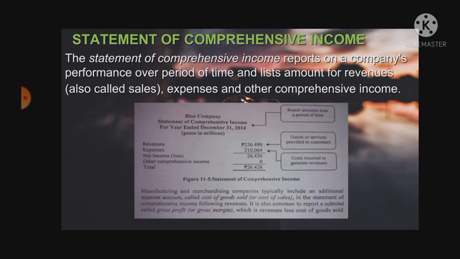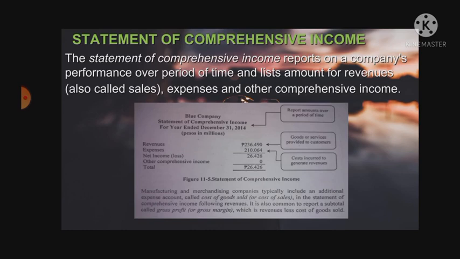Gain or loss from translation of the financial statements of a foreign operation and revaluation surplus during the year. So this is an example of statement of comprehensive income.